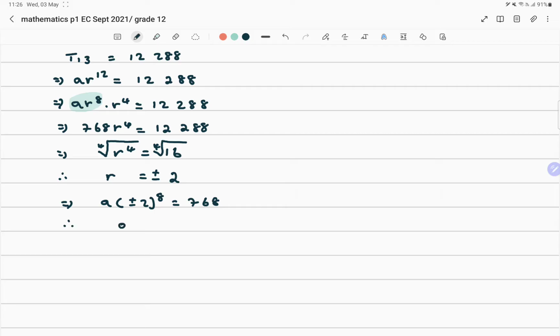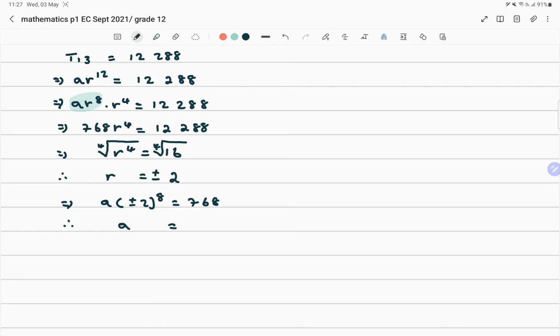Remember, even if it's negative or positive, if you are raising it to an even exponent, it will always come out positive.